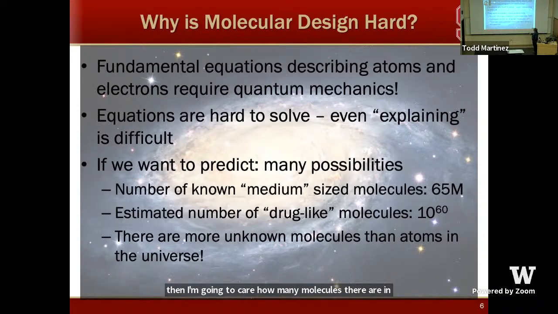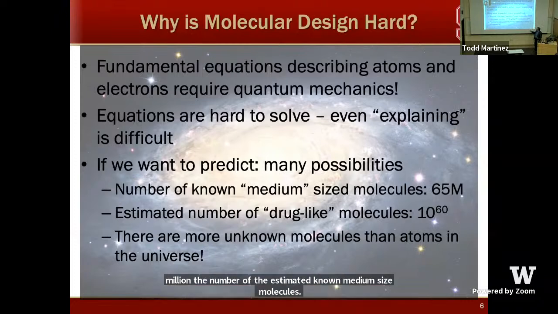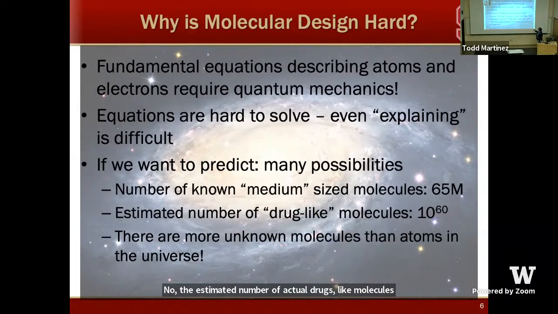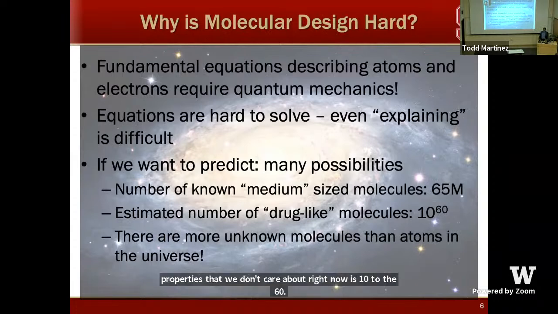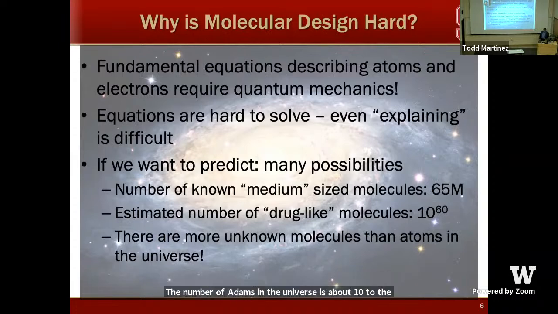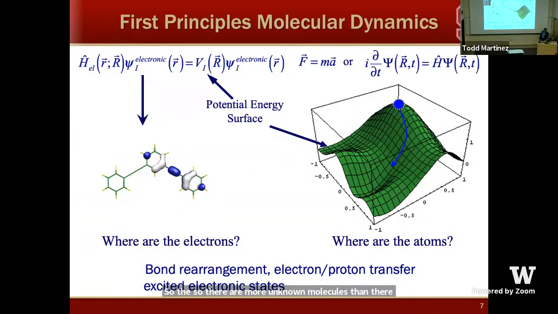The estimated number of actual drug-like molecules, again medium size and having certain properties that we don't care about right now, is 10 to the 60. The number of atoms in the universe is about 10 to the 60 or 10 to the 65, right? So there are more unknown molecules than there are atoms in the universe, or at least of the same order of magnitude. All right, so what are we going to do?